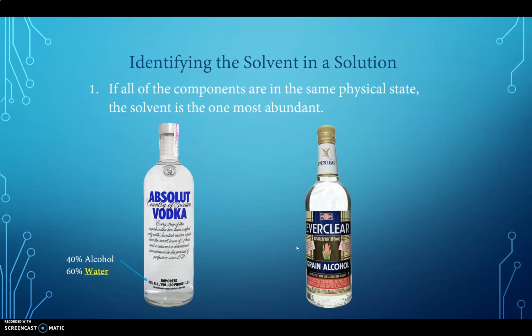On the other hand, if you're thinking of Everclear, Everclear is 95% alcohol and only 5% water. Again, they're both liquids, so the solvent is going to be whichever one there's more of, and in that case, that means alcohol is the solvent. Water is commonly the solvent in most solutions. The one exception is in a case like this, where you have water mixed with another liquid, and that liquid happens to be present in greater amount.